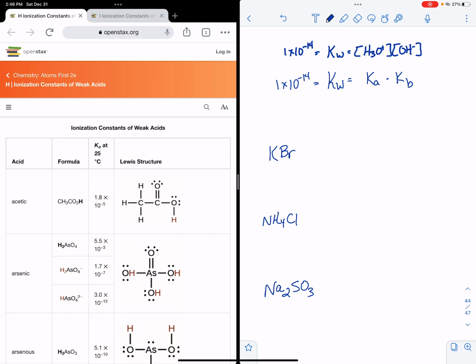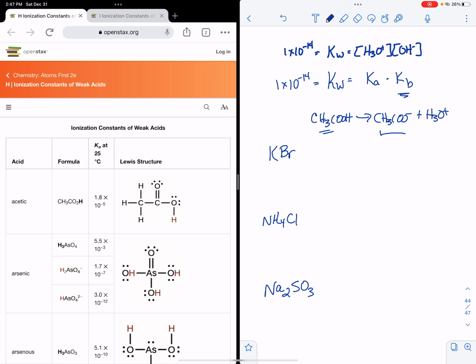So I'm going to jump over on the right-hand side. Do you see how there's acetic acid right here? So Ka would be where acetic acid is losing the H. So CH3COOH loses the H, making CH3COO minus, and it's making H3O plus. That would be the Ka version of it. Now, how do we make acetic acid have a Kb value? It doesn't want to act as that, right?